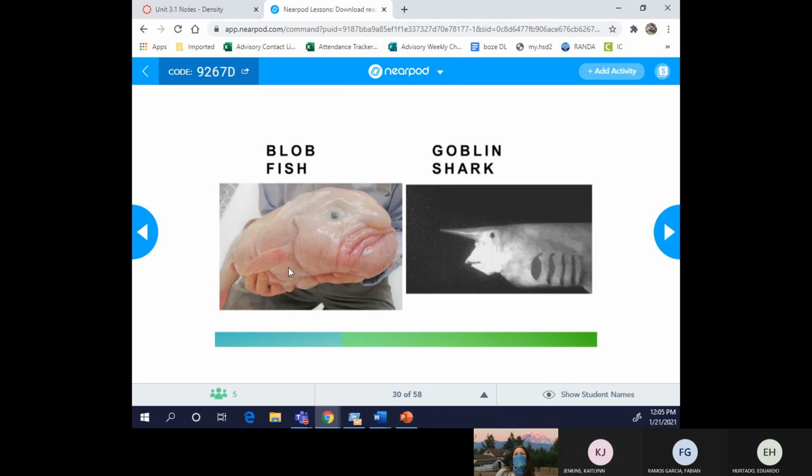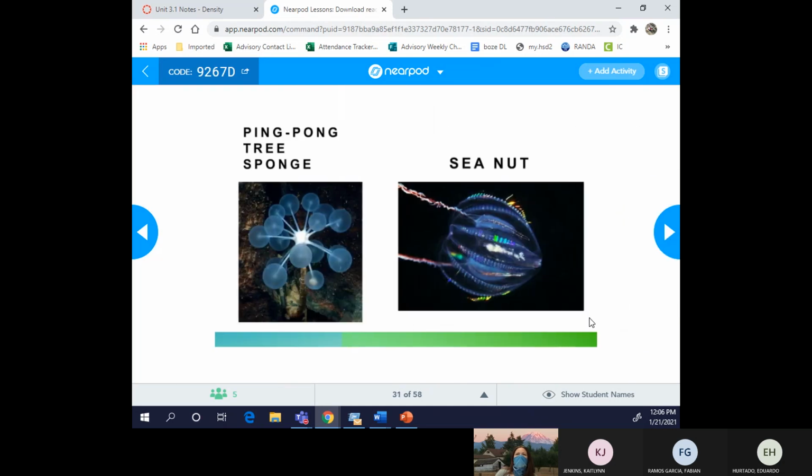You can also see he is lacking pigment. Because they can't see, there's no need to have fancy colors, anything super fancy down that deep. Goblin shark, looks like he can spear people with his head. Some smaller animals, you have a ping pong tree sponge.